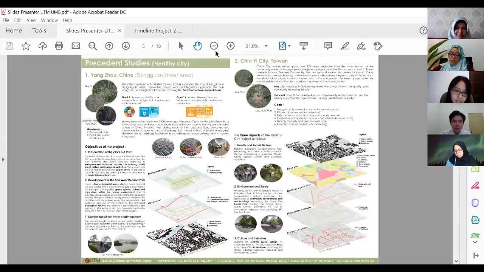In the Dongguan area, they also activate the alleys and streets to make them alive. The Dongguan area is now a protected area only for light vehicles such as motorcycles.